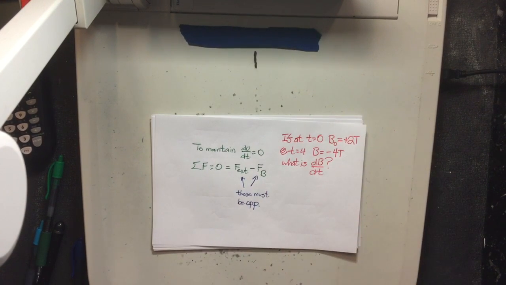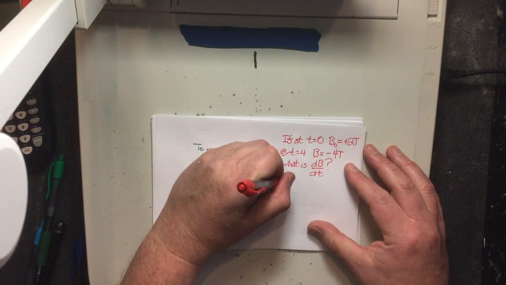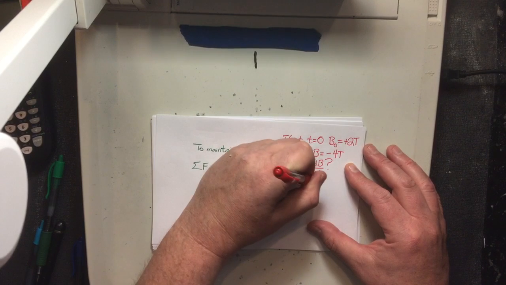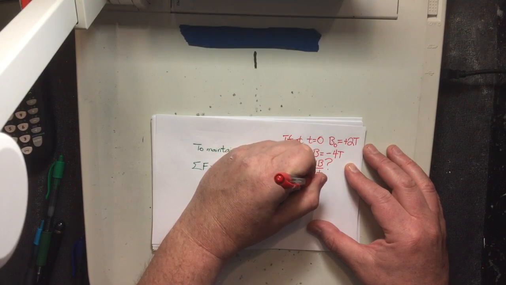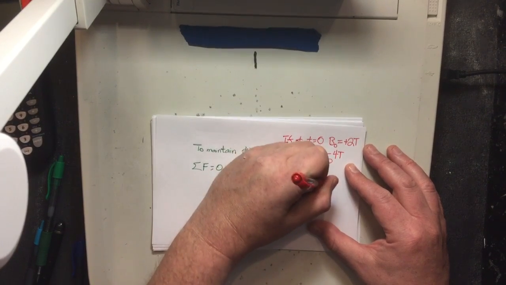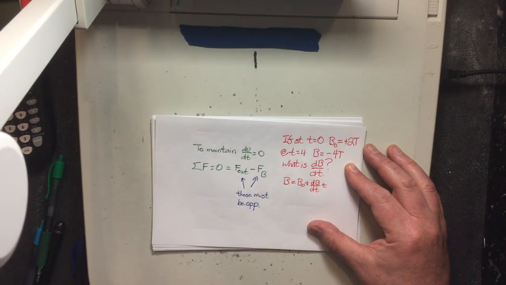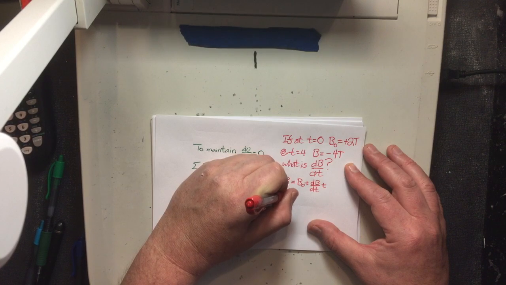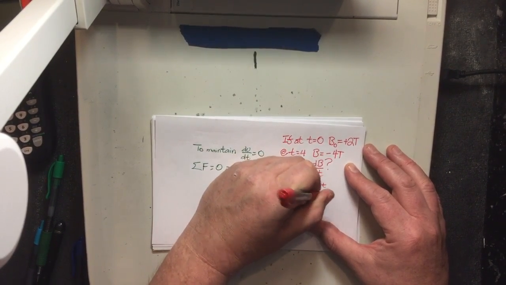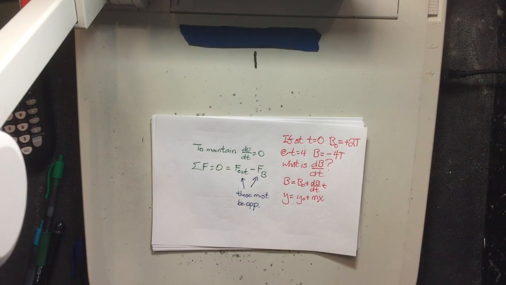And for that, you're just going to use a linear fit. B is B naught plus dB/dt times time. Much like we say y equals y naught plus mx, the slope of the line is the change in the B field with respect to time.